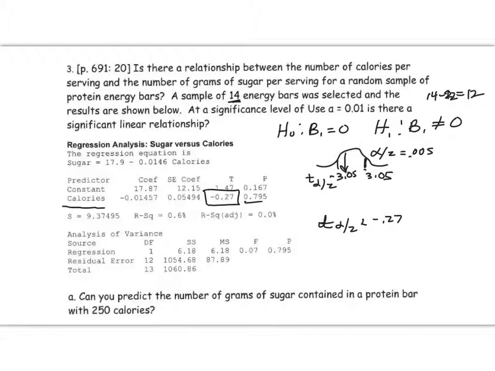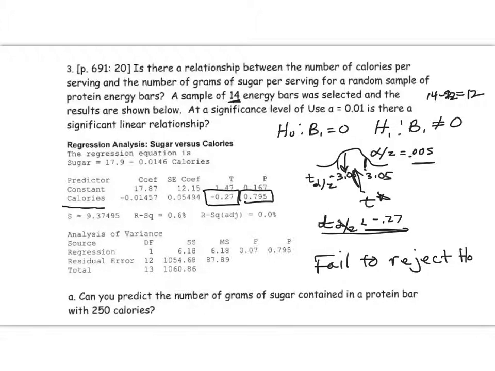And if I look at my p-value, it is a lot greater than alpha. 0.795 is certainly bigger than 0.005. So we would fail to reject. This t value, my critical value, is not in the critical area.